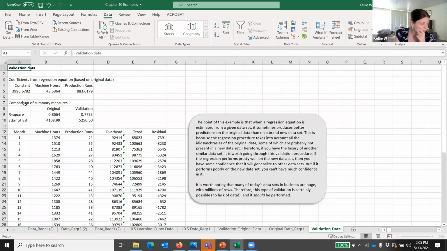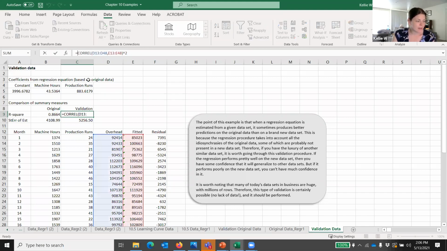And when we run them together, we get, let's see, let's make sure. Okay. So when we run the new data, we recalculate, sorry, our R squared.